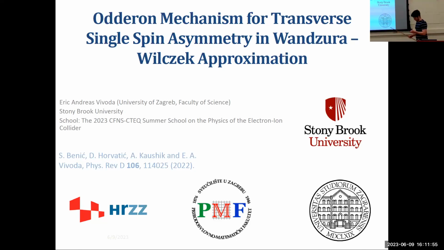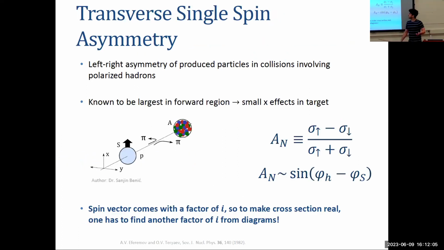Never. Okay, so my goal is for you today to understand everything that is in the title and provide you with our results. Okay, let's go. So first, of course, the main thing in the title is transverse single spin asymmetry. What is it exactly? When you have a collision of two particles, where one of them is polarized, that is the meaning of single.